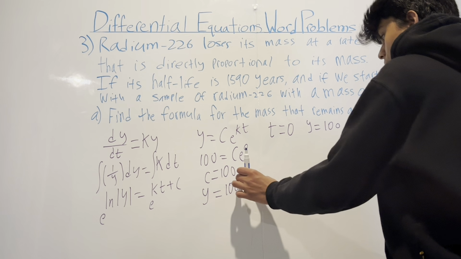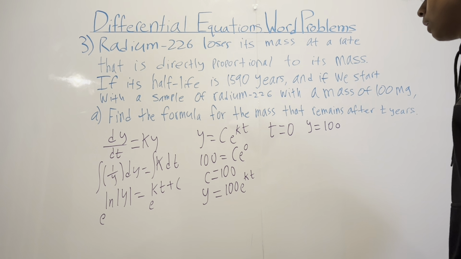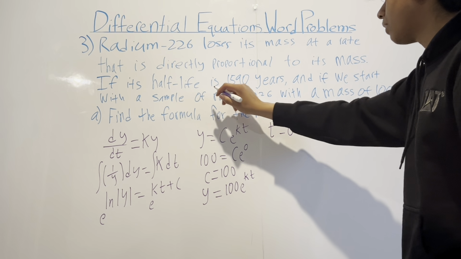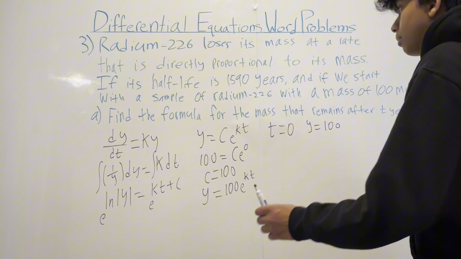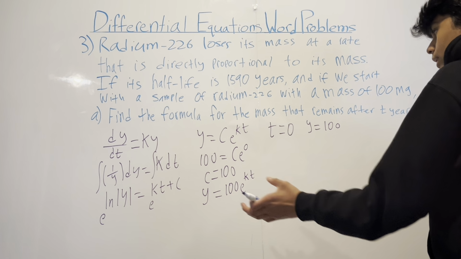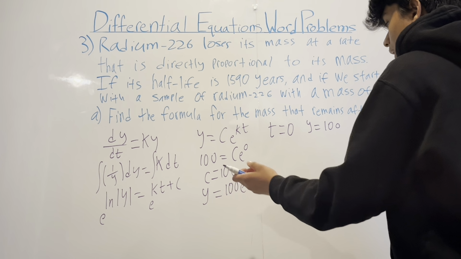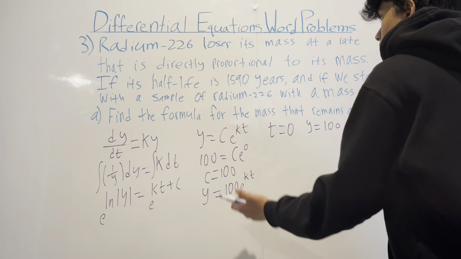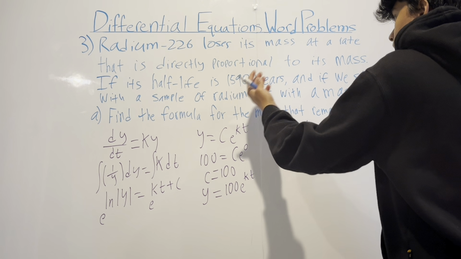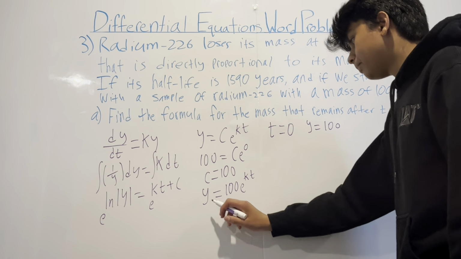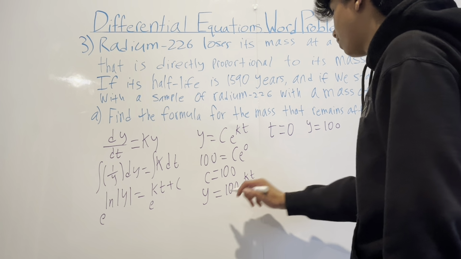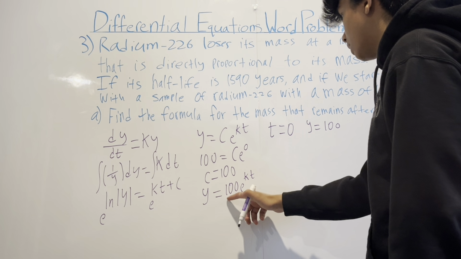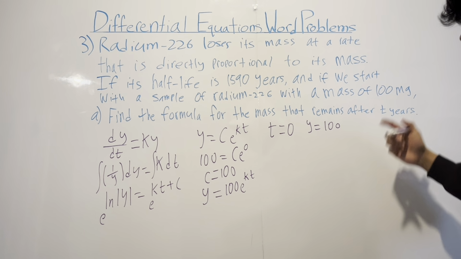But now we need to solve for k, which is the growth or decay constant. And we have more information to solve for that, because it says its half-life is 1590 years. Half-life means literally half of the life it started with. If it started with 100 milligrams, half of that is 50. And they say that it reaches a half-life after 1590 years. So we're going to set y equal to the half-life, and the half-life is just 100 divided by 2 because it starts with a mass of 100.